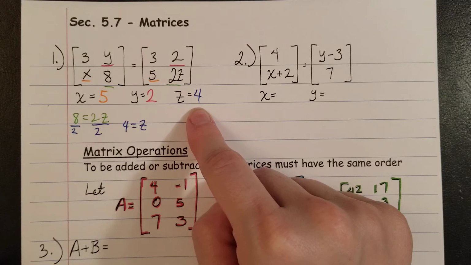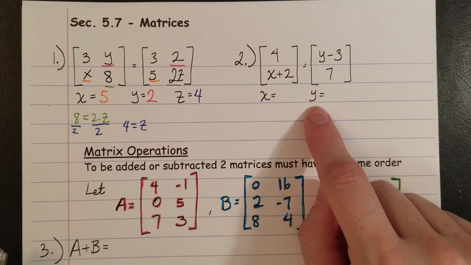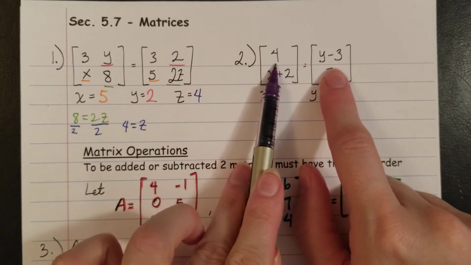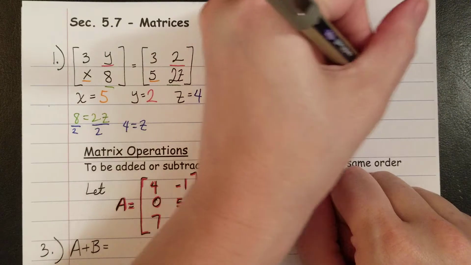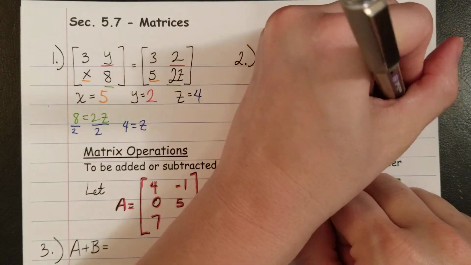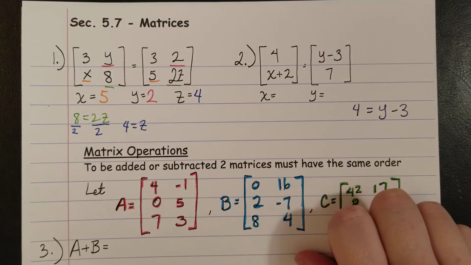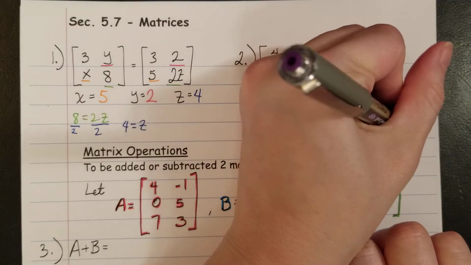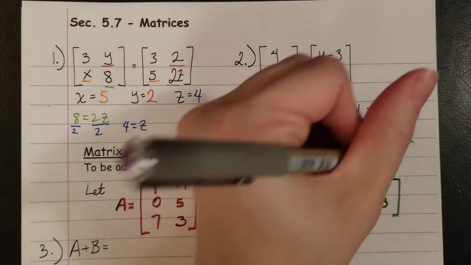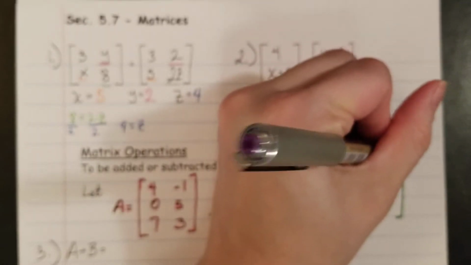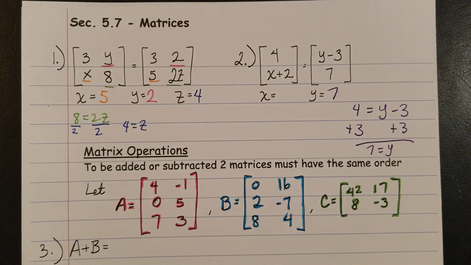Okay, so number 2, it would be 4 is equal to y minus 3. And then you could just solve for y by adding 3 to both sides. And that would make it 7 equals y, or in other words, y equals 7.